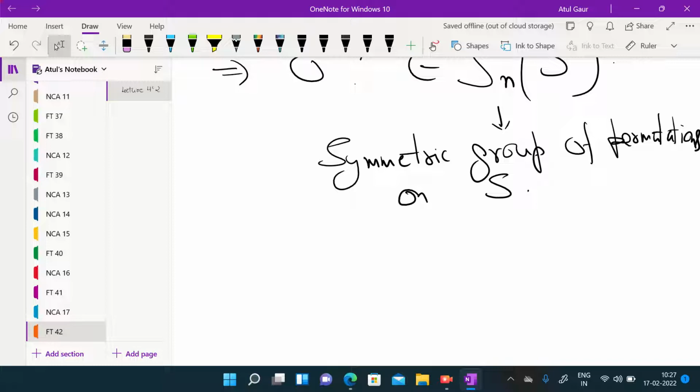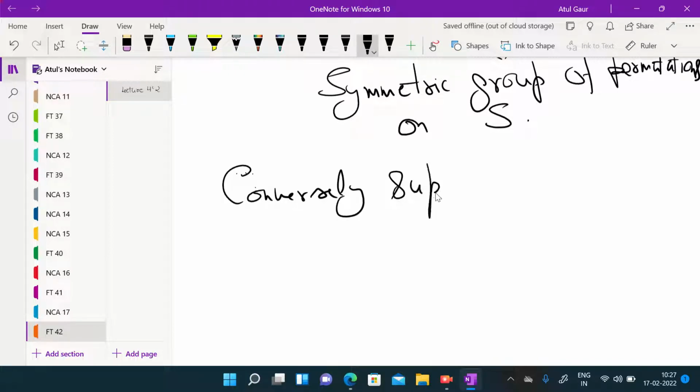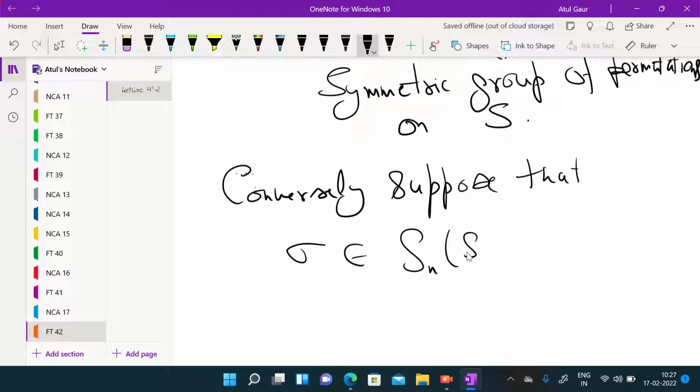Is that fine? Now let me pose the question in the reverse direction. Suppose you have a permutation on S. Do you have a K-automorphism? So the point is, conversely, suppose that sigma is any permutation. Okay?